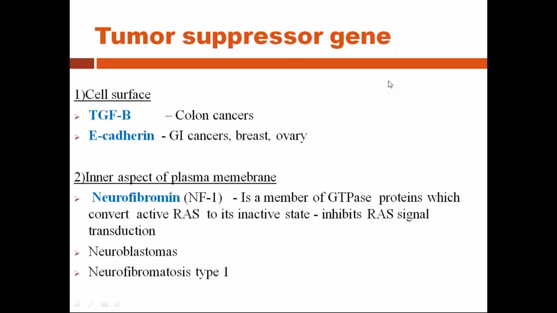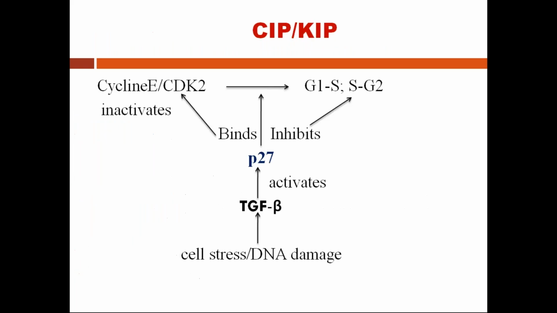So tumor suppressor gene. I told you cell surface, you have transforming growth factor beta. So where does this transforming growth factor beta come? Yesterday I explained in the cell cycle. Somewhere it comes. I kept it. You can see in the CIP and KIP pathway, cell cycle inhibitors.